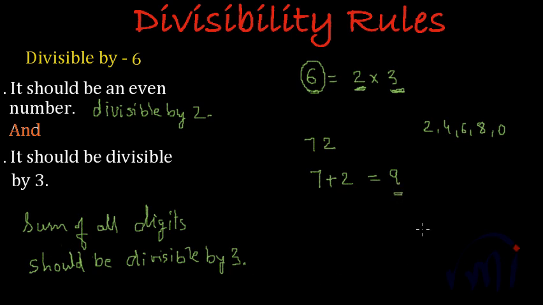So let's check whether 9 is divisible by 3 or not. 3 3s are 9. So 9 minus 9 is 0. So remainder is 0. Since the remainder is 0, that means it is divisible by 3. So 72 is divisible by both 2 and 3.